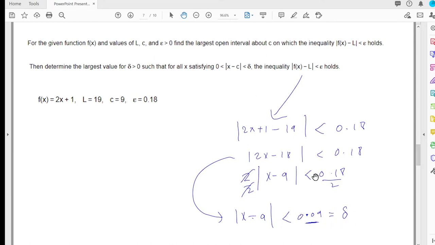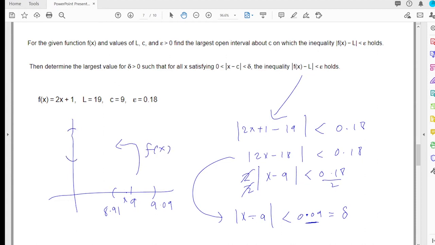Okay, so if you pick delta equals 0.09, the meaning is around 9, so 9 minus 0.09, which is just subtract 0.09 from 9, which is 8.91 to 9.09. If you pick anything from this interval, then the value of that thing using this function f of x will be inside.